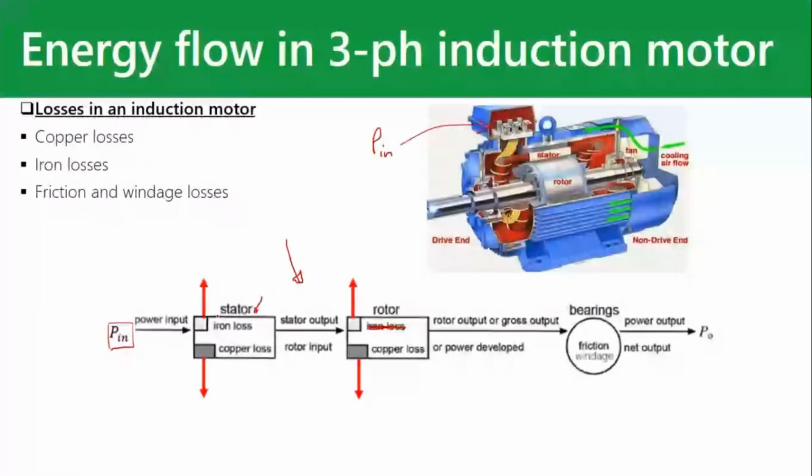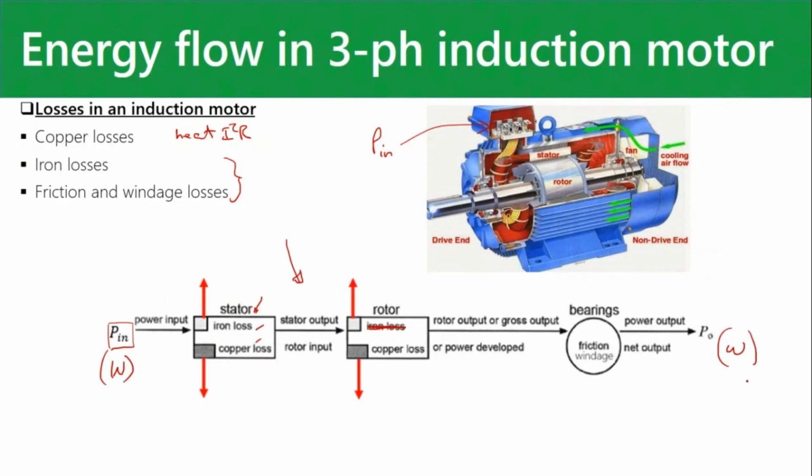You have two types of losses there. Heat losses or copper losses, I squared R. That's variable. And then you have these constant losses, friction and windage losses, and hysteresis and eddy currents. So power in minus the power losses. Remember, this is all true power, in watts.